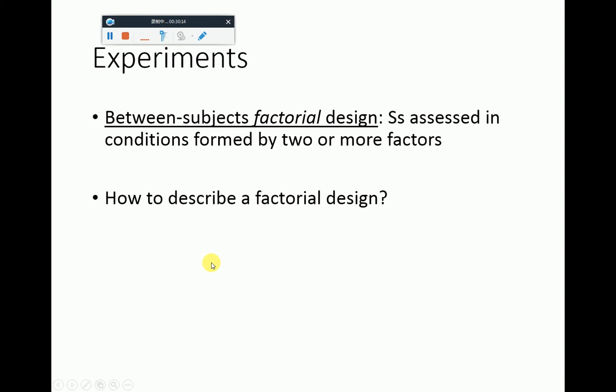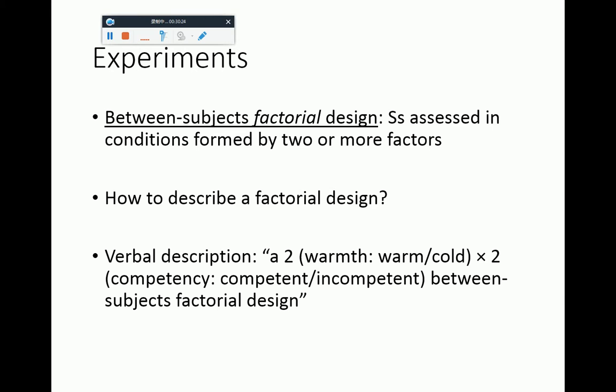This might be very novel to you, but once you understand the logic, it's very straightforward. So we'll describe a factorial design using our example that we just described in the previous slide as a 2 by 2 between subjects factorial design.